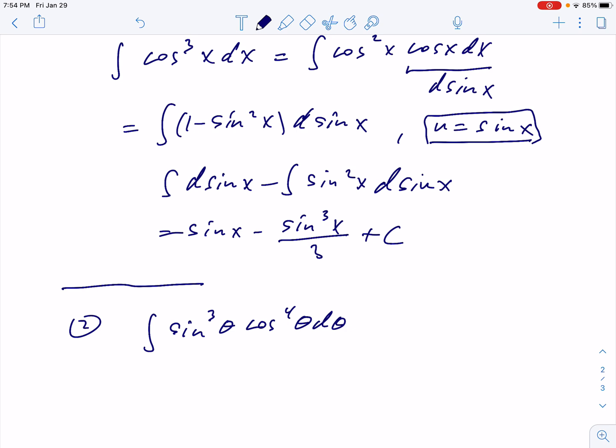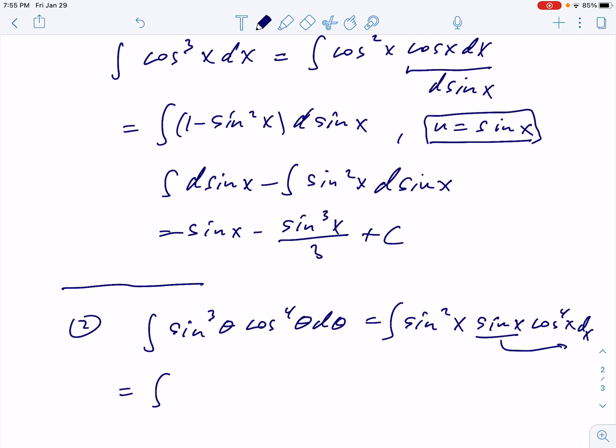I notice here this sine cube, and I can approach it like I did with cosine cube in the previous example. So I shall factor this way: sine squared x, sine x separately, cosine 4th power x dx. Now sine x I shall move to the very end, so write it this way.